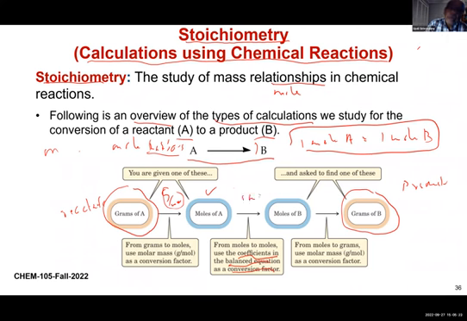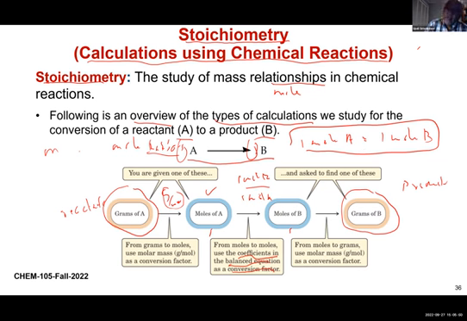1 mole of A is equal to 1 mole of B. This gives 1, you end up with 1 because this is 1 to 1. Now you have to get the grams of B. You got the moles of A converted to moles of B through the conversion factor.